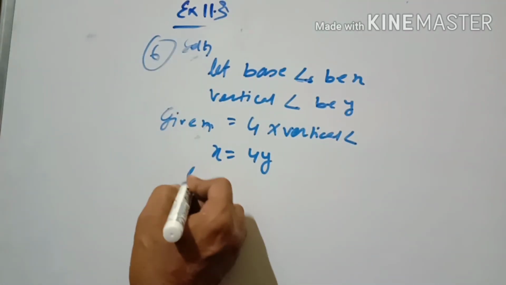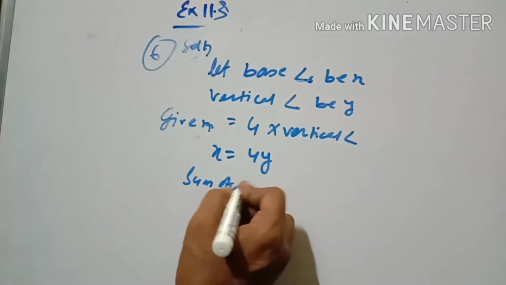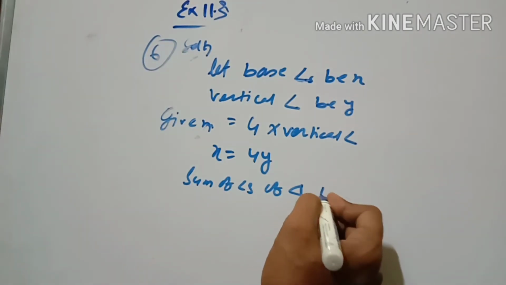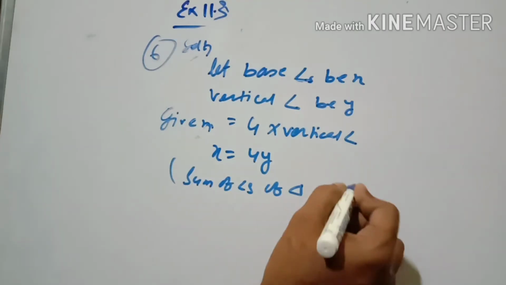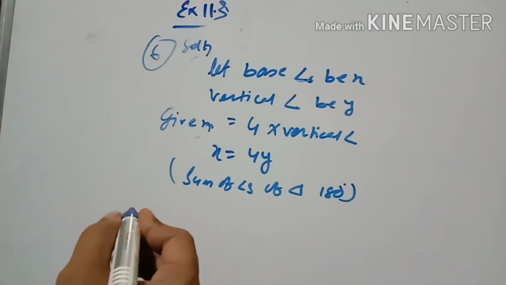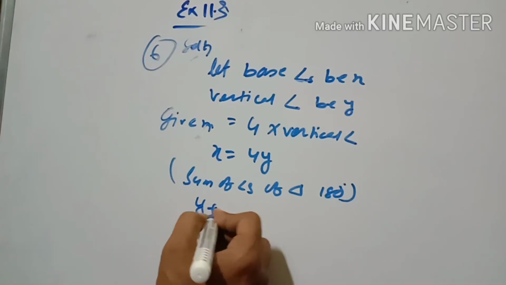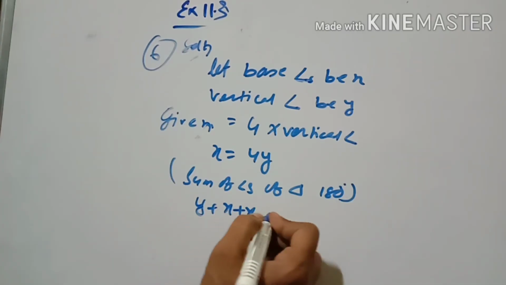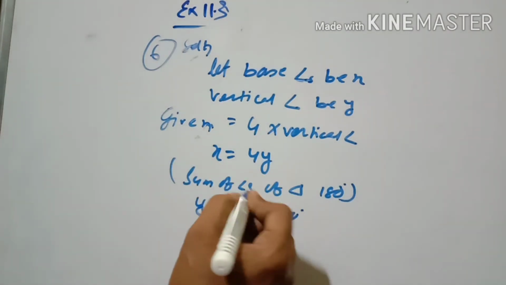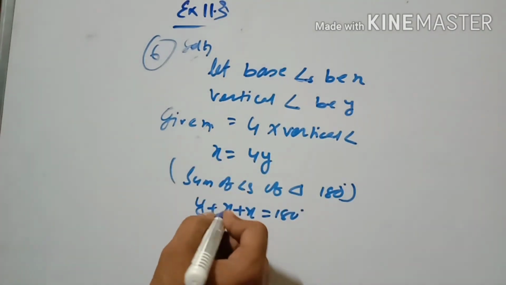So sum of angles of a triangle equal to what? 180 degree, as we know. So I can write y plus base angle plus base angle equal to 180 degree, and x equal to 4y, because it is given 4 times.